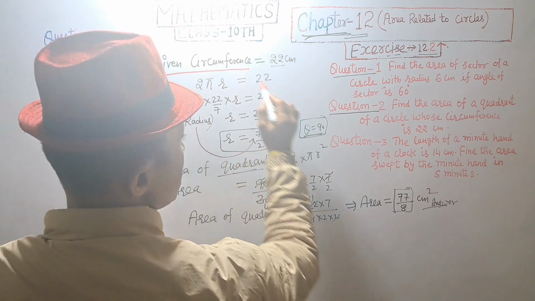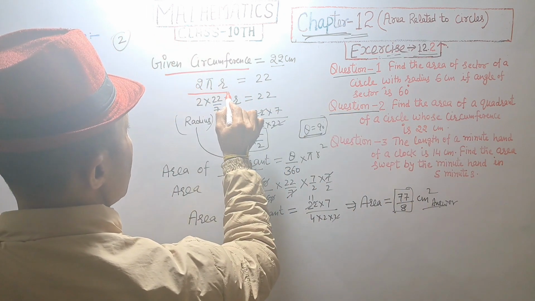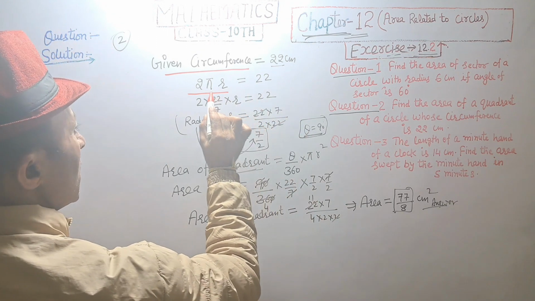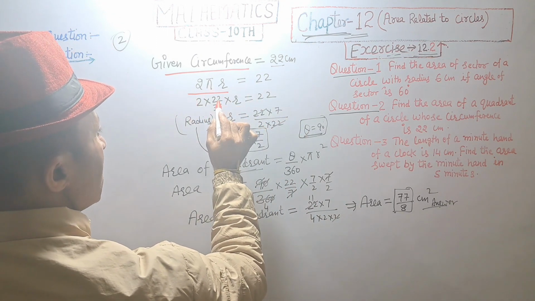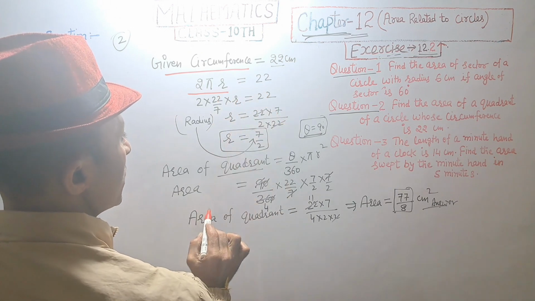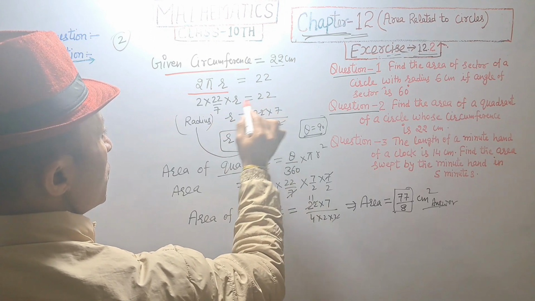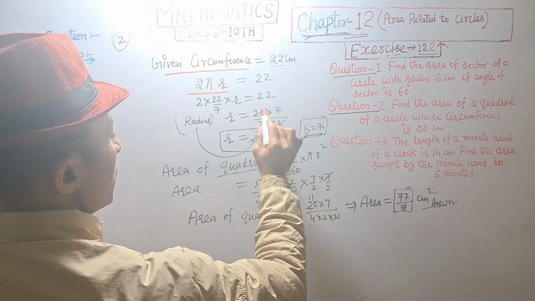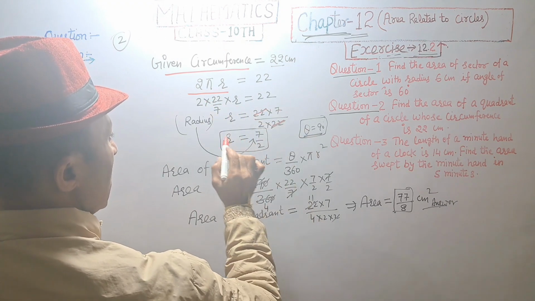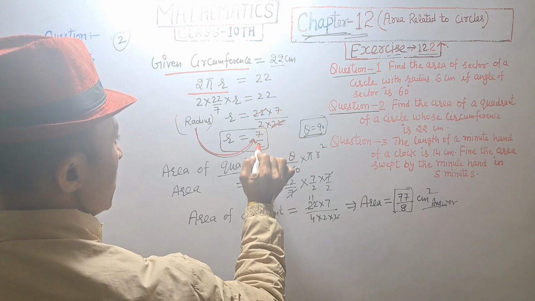Given circumference is 22 centimeter and circumference of circle is 2 pi r equal to 22. 2 into pi can be written 22 upon 7 into radius r, that is equal to 22, and radius r is equal to 22 multiplied by 7 and divided by 2 into 22. 22 is cancelled, and we get radius r is equal to 7 divided by 2.